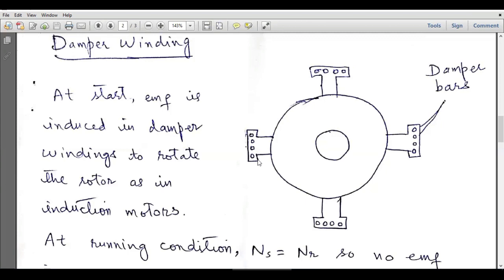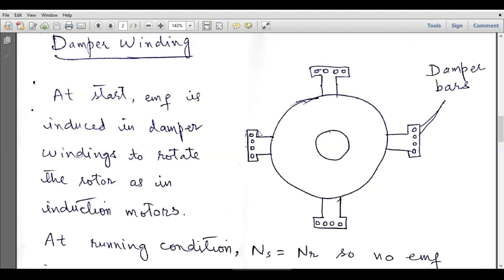But in a synchronous machine there is no mechanism to produce the starting torque, so that starting torque is actually produced by running the motor as an induction motor. Due to these damper windings, slight EMF will be induced in these damper windings, and current will be produced, and according to the phenomenon of electromagnetic induction, the motor will experience a starting torque.